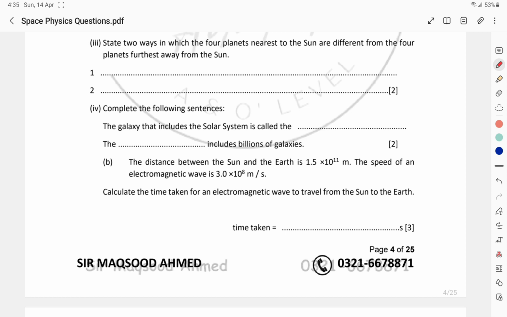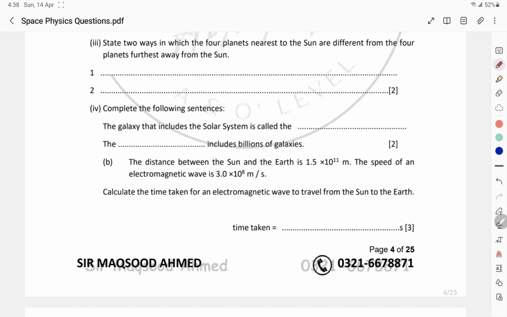The first difference is that the planets nearest to the sun are rocky and the planets farthest away from the sun are gaseous. And number 2, the planets nearest to the sun are small in size, but the planets farthest away from the sun are very, very large in size.